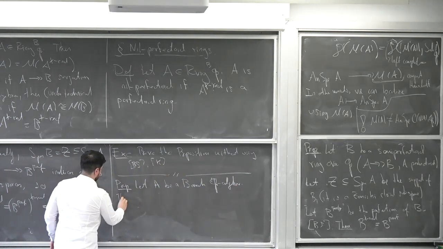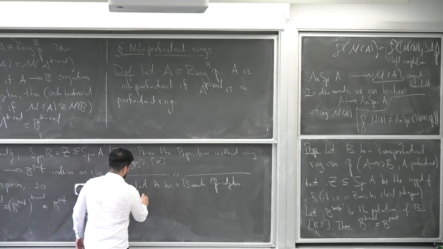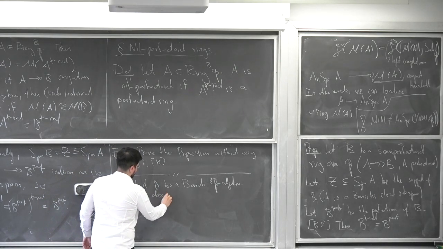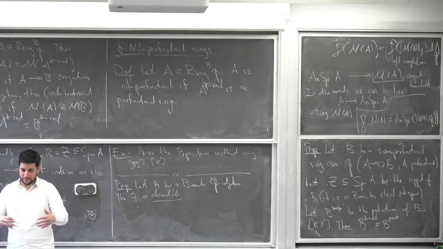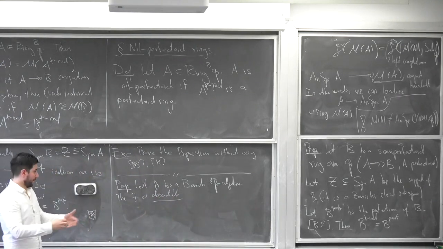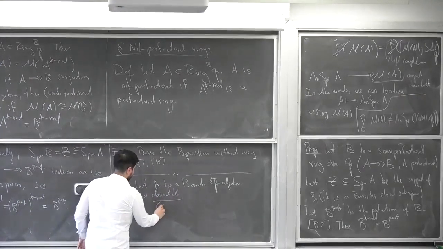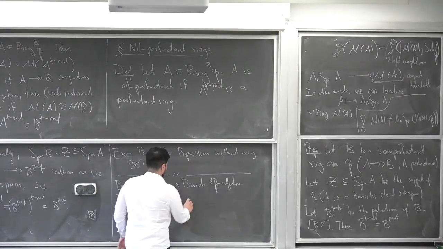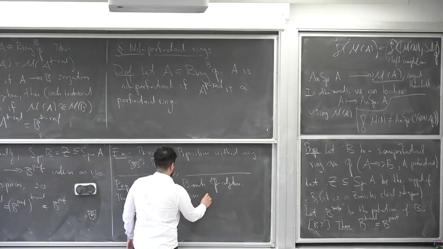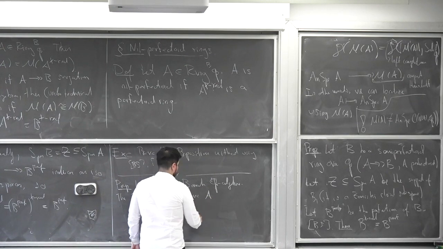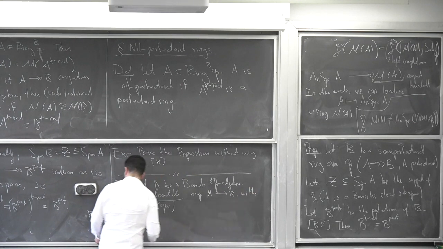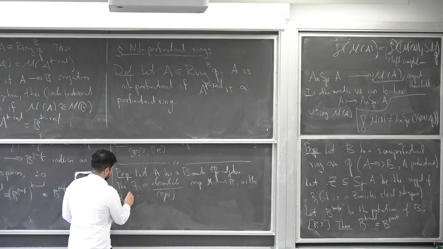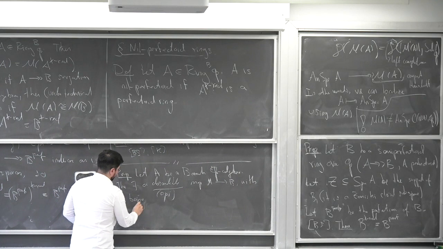Then there exists a descendable cover, where descendable is going to be the kind of maps that are epimorphisms, a descendable map of A to B with B being semi-perfectoid.